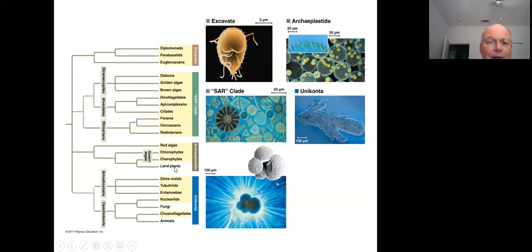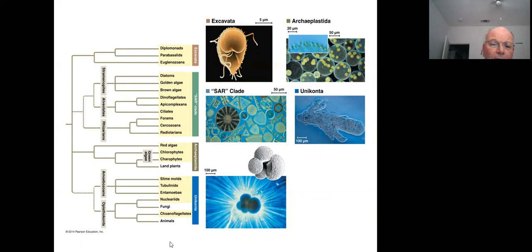So here are the land plants. They're part of Archaeplastida because they are derived from one line of green algae known as the charophytes or charophycians. The fungi and animals are part of Uniconta, and specifically part of Epistheconta. Fungi are closely related to a line of protists called nuclearids, and we'll discuss those when we do the fungi.